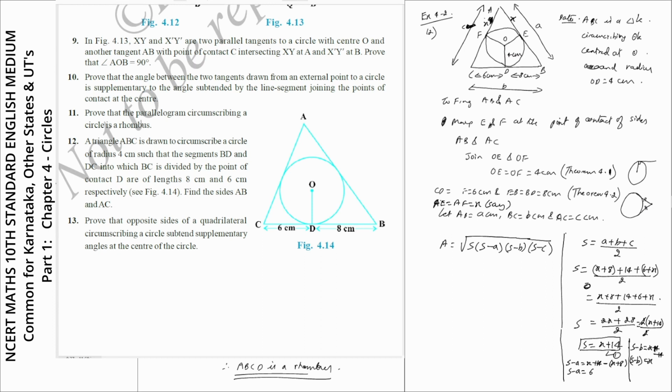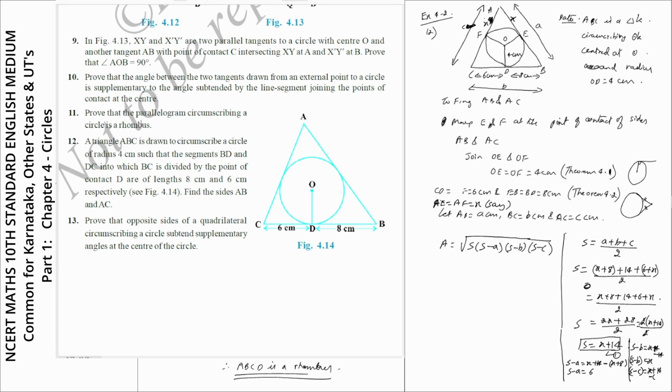Similarly for equation 1, if I subtract C on both sides, S minus C is equal to X plus 14 minus C. C is X plus 6 centimeter. You can see the diagram.